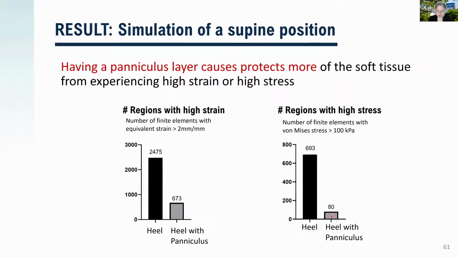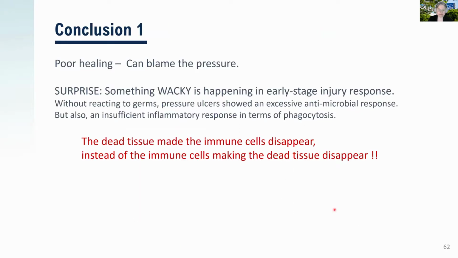So there may be some regions that are high stress, but having the muscle layer in the tissue redistributes the load naturally, endogenously, so that no particular region is overloaded.